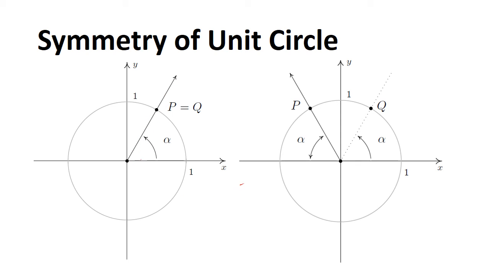Kapag yung angle mo naman ay nasa quadrant 2, kagaya ng binigay natin example kanina na 5 pi over 6, ang reference angle mo is yung kulang na lang niya para maging straight angle. So, kanina, yung example is pi over 6. Ang kulang na lang niya para maging straight angle, pi over 6.